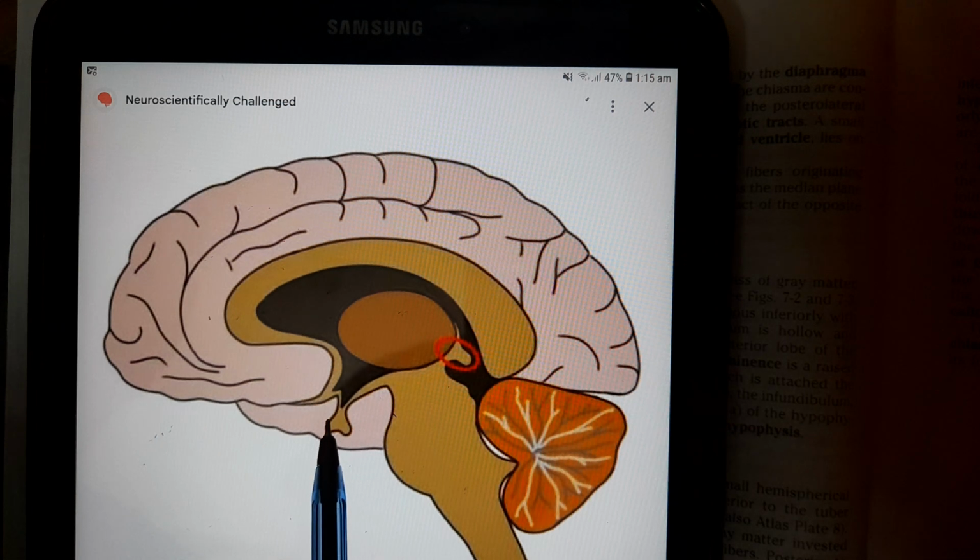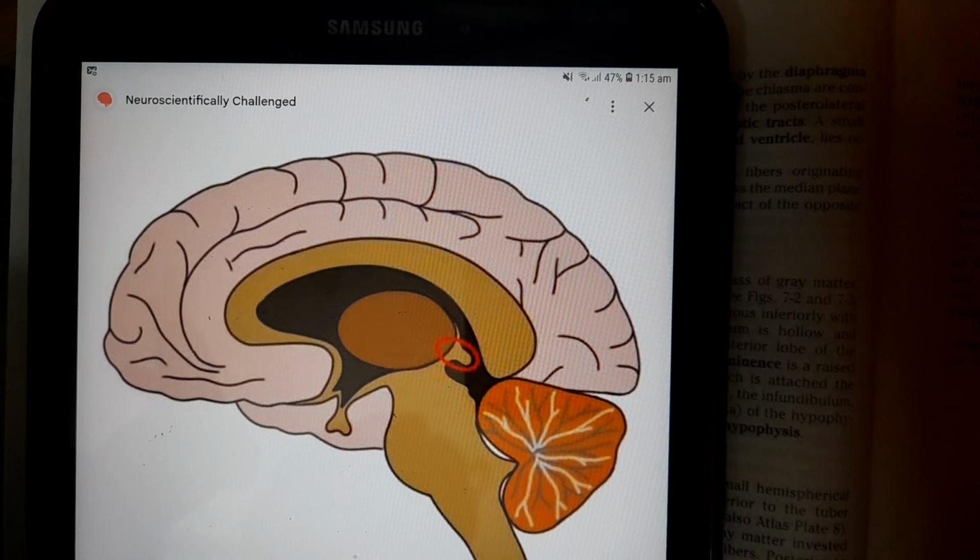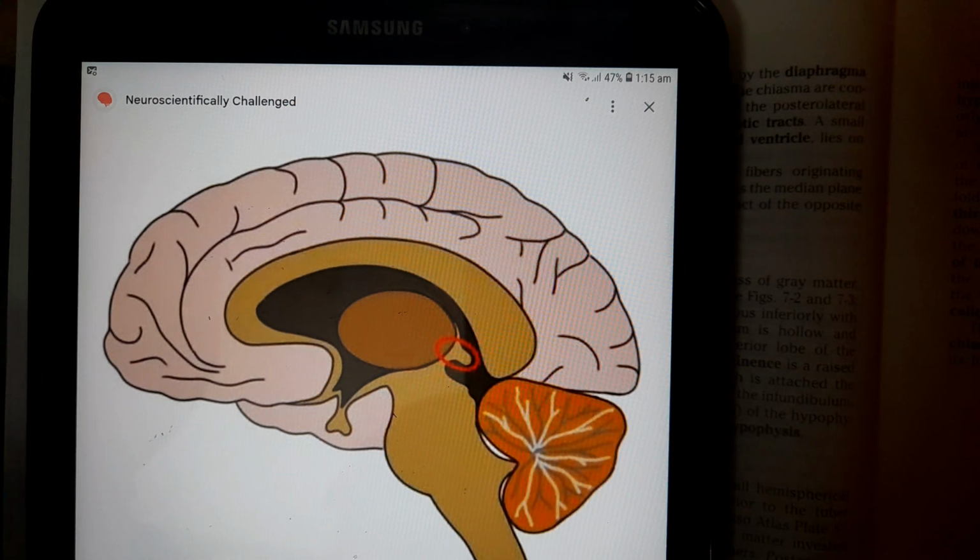Now in the anterior lobe of the pituitary gland, it will cause the inhibition of the gonadotrophic releasing hormone, and when the gonadotrophic releasing hormone is inhibited, the sleep cycle will be induced. So this is how your pineal gland induces the circadian rhythm.